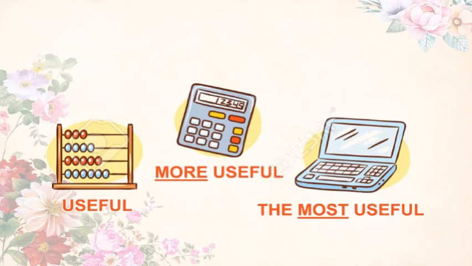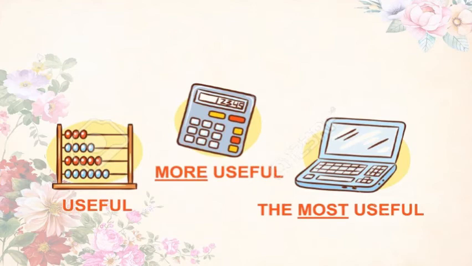What we have written here? More useful. Remember, for some words, mostly of lengthier words, we use more in comparative degree and most in the superlative degree. See here, useful, more useful, the most useful.